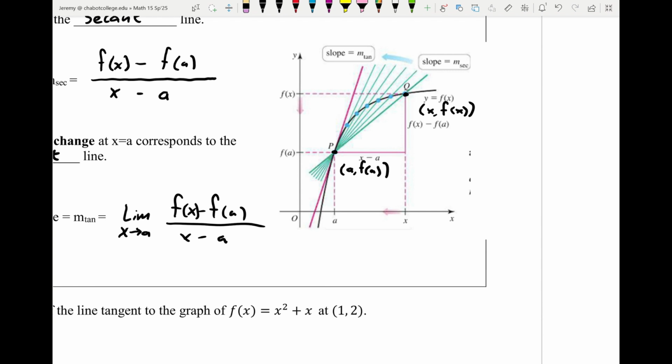And we can compute that by looking at the slopes of the secant lines and taking the limit as x gets closer and closer to a. We can see the progression of these lines. As we let x approach a, as we take the limit, the slopes of these secant lines get closer and closer to the slope of the tangent line, which is what we're after.